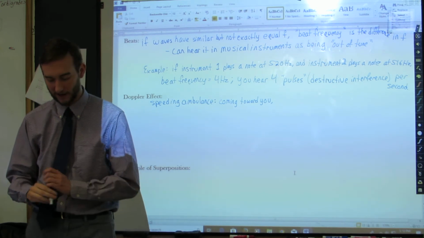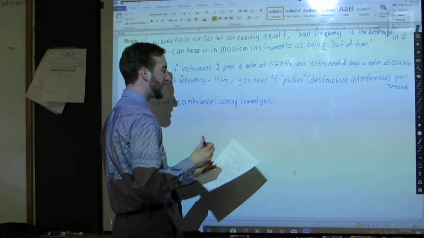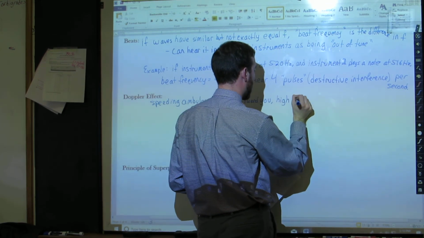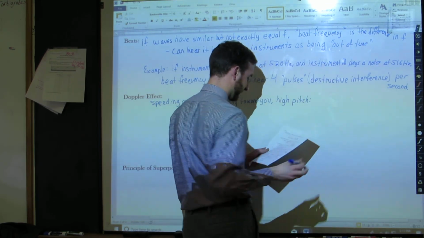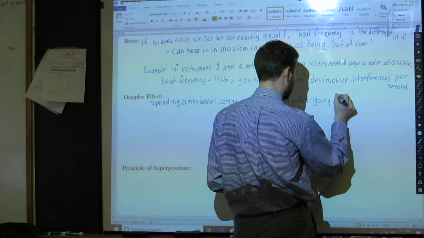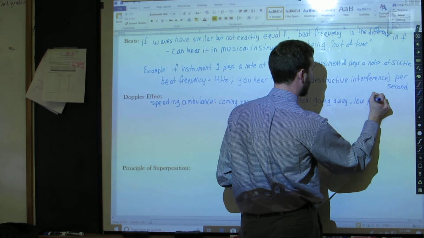That is the Doppler effect in action. Okay? It's the easiest way I can put it. So, with the speeding ambulance coming towards you, it is making, to your ears, a high-pitched sound. Going away from you, that sound seems like it changes pitch.